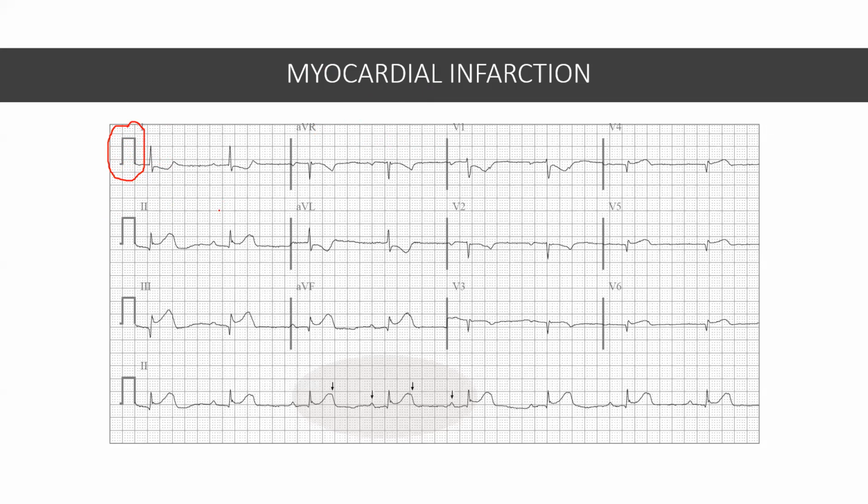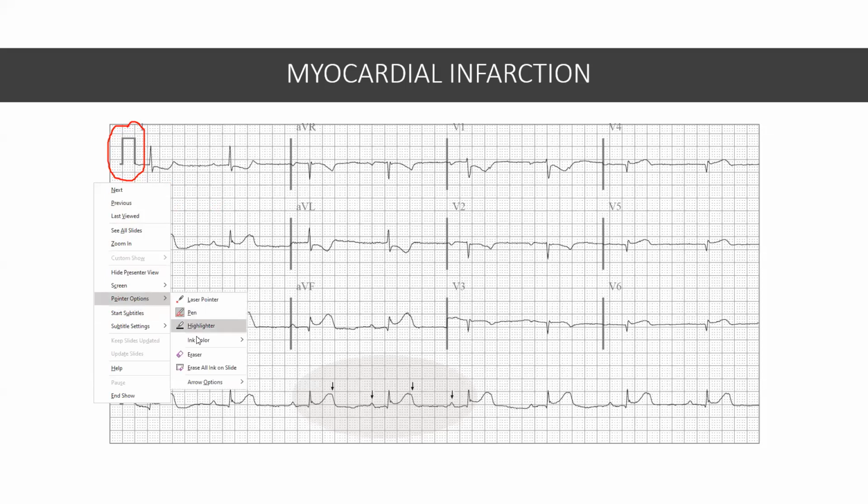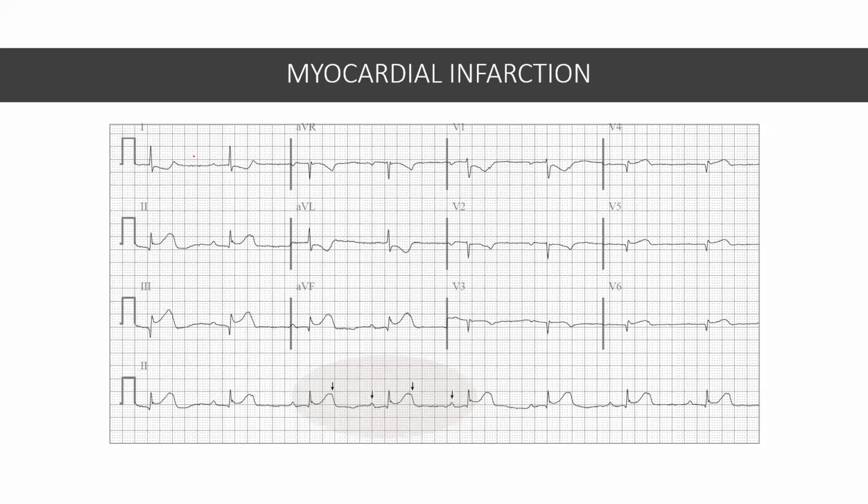So now this is what you do. You go lead by lead. We're going to be systematic about it, and we're going to determine whether each lead is normal, depressed, or elevated. In looking at lead 1, here's the baseline right here.